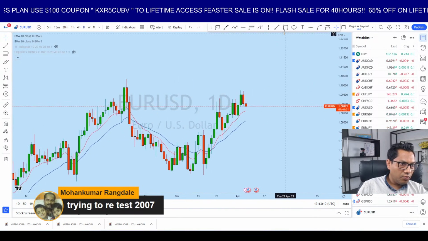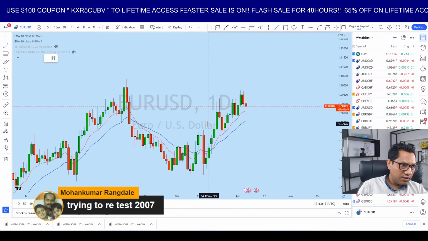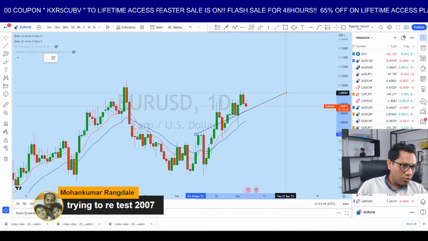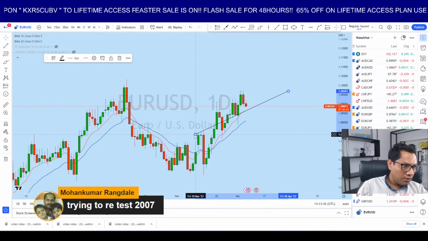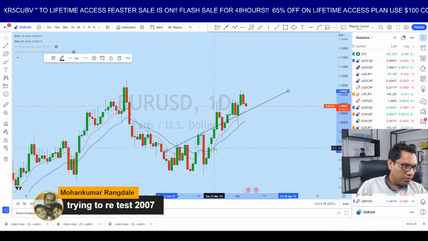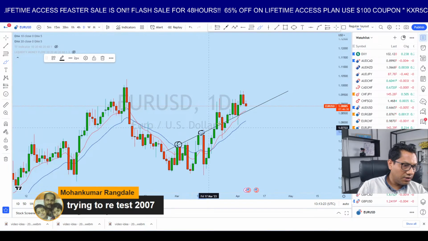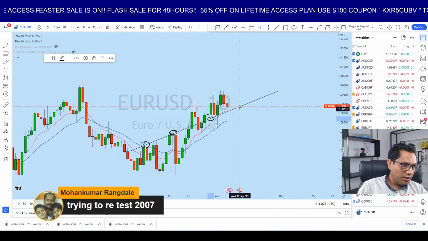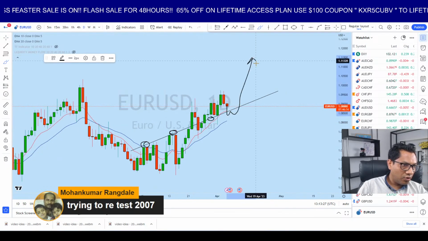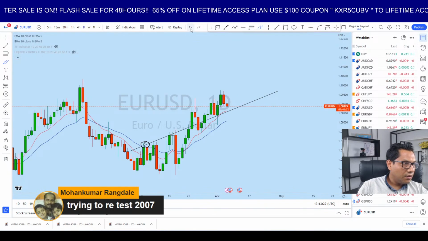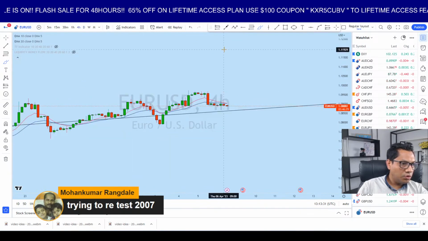For me, this market is coming to this level on the daily chart, previous resistance which is turning support, and from here we can expect a bullish move on euro dollar.